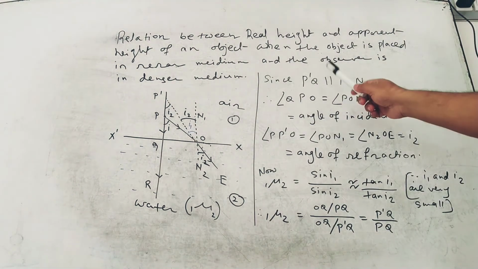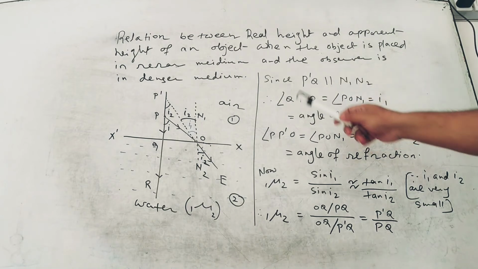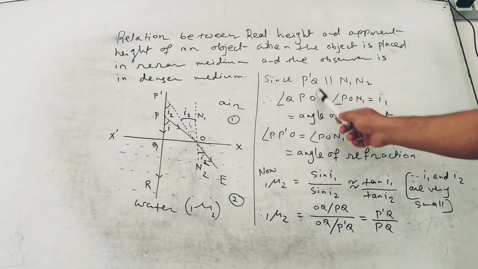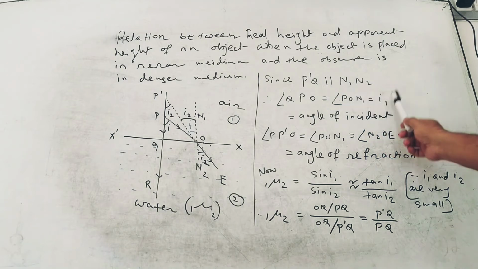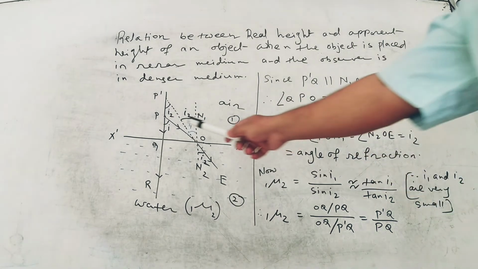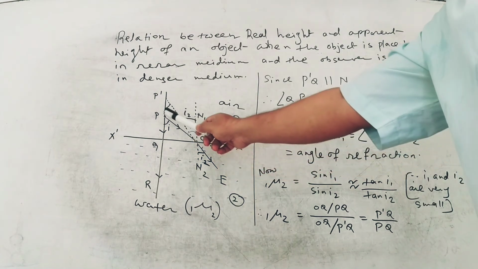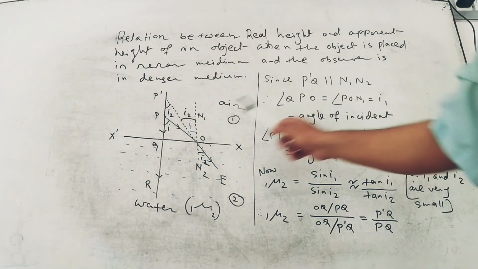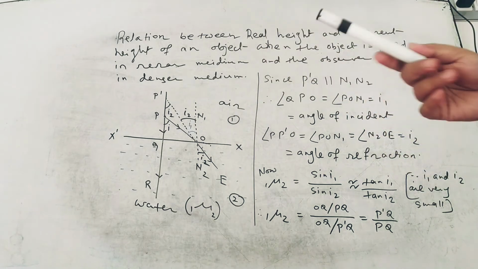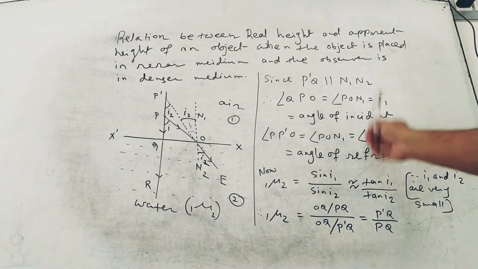Since P prime Q is parallel to N1 N2, angle QPO is equal to angle PON1, which is equal to I1, the angle of incidence.